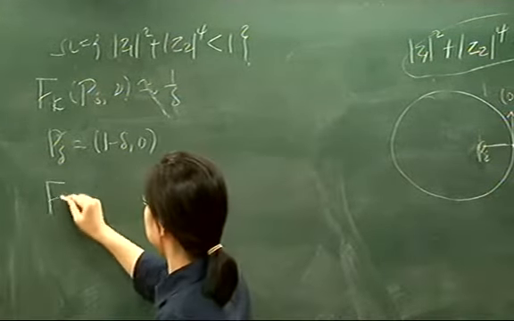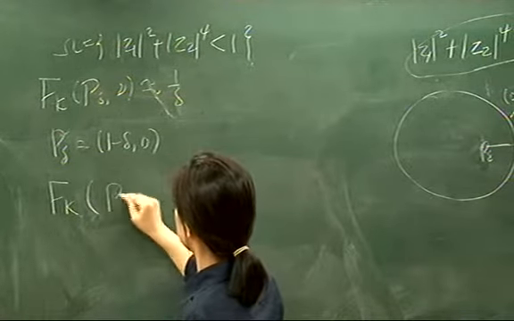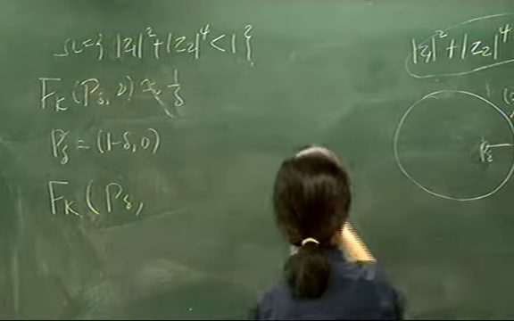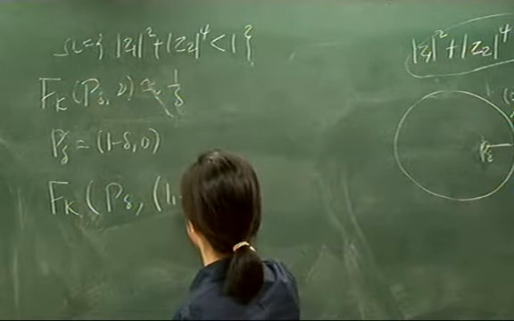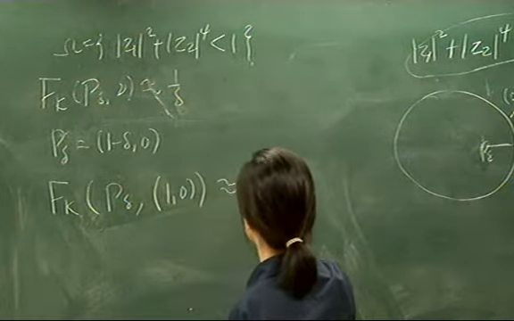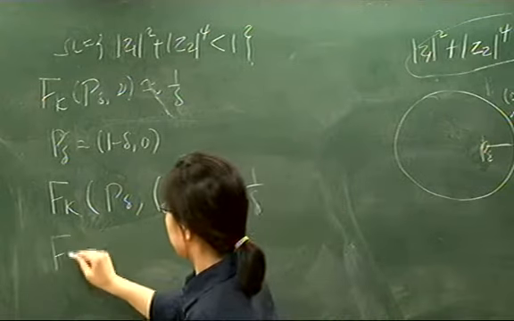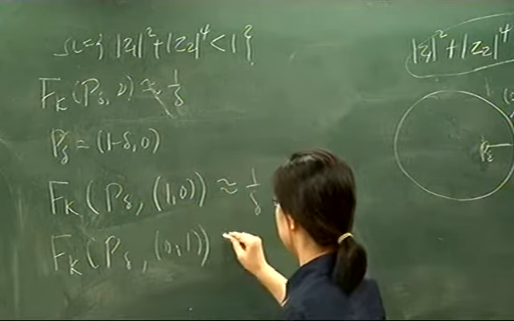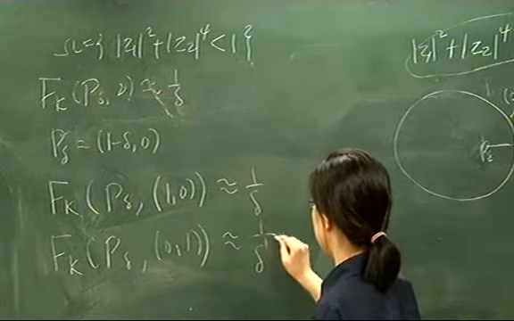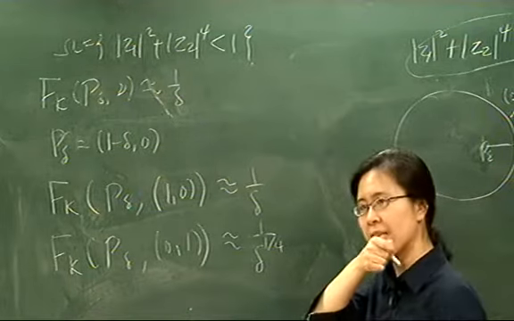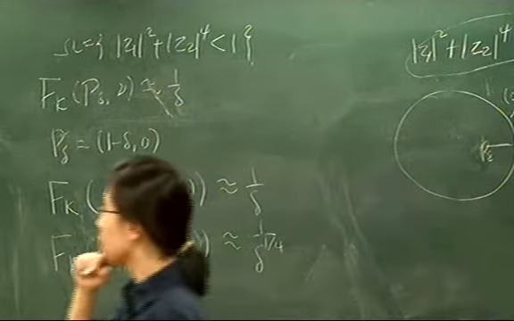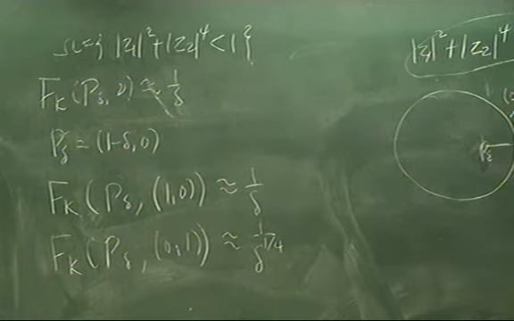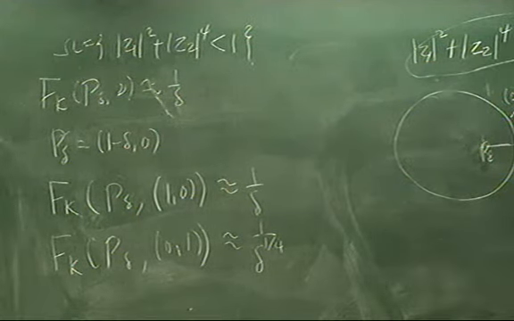Then what this means is that Fk at this P delta in the direction 1, 0 is about 1 over distance, and Fk at P delta in the direction 0, 1 is about 1 over delta to the 1/4. And these convex domains are also complete with respect to the Kobayashi metric.